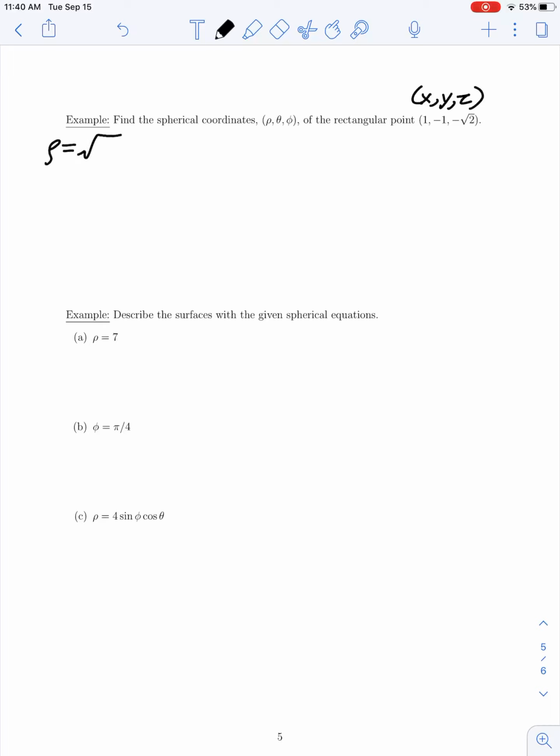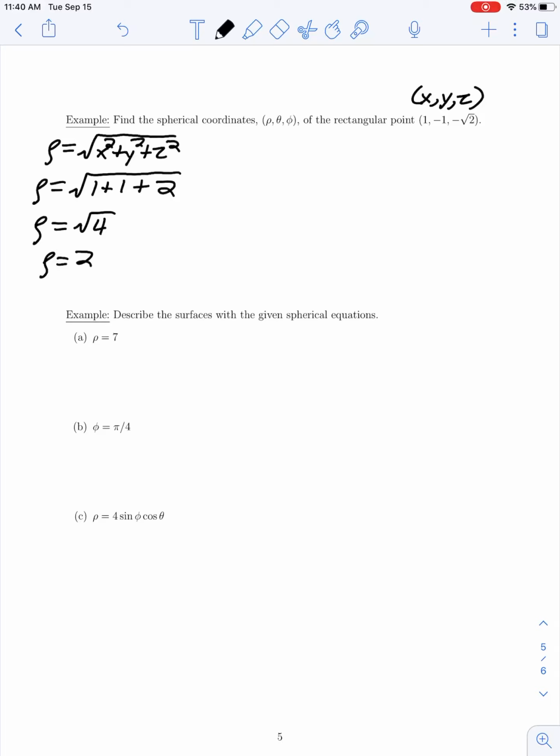Rho is defined as the square root of the sum of x, y, and z squared. So substituting in our rectangular coordinates, we would have the square root of 1 squared plus -1 squared plus -√2 squared would be 2. So we're left with rho is √4 or 2.